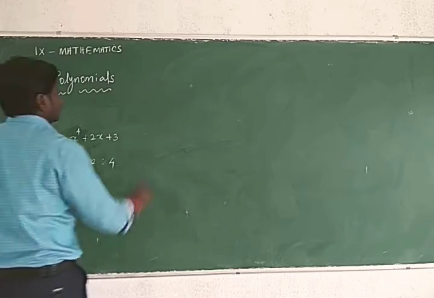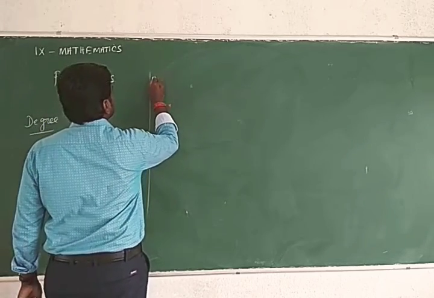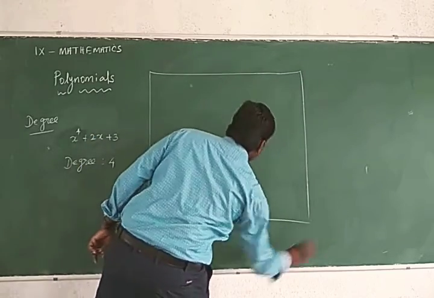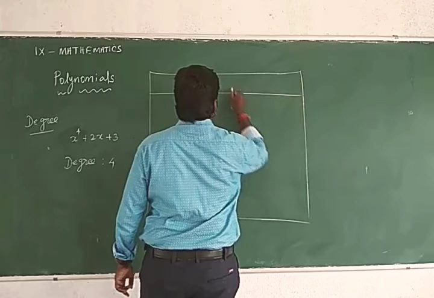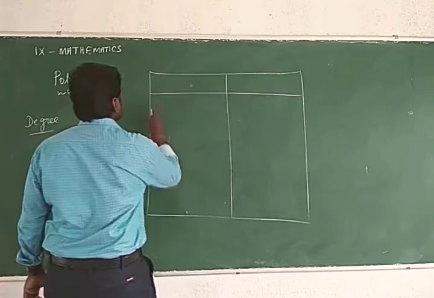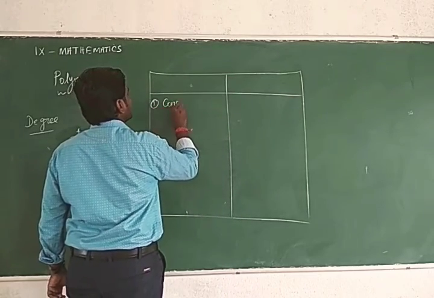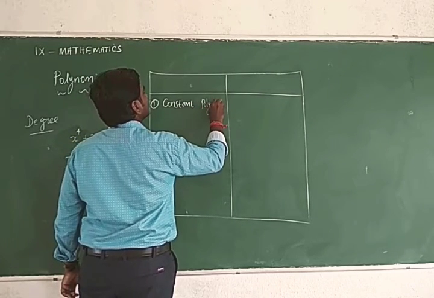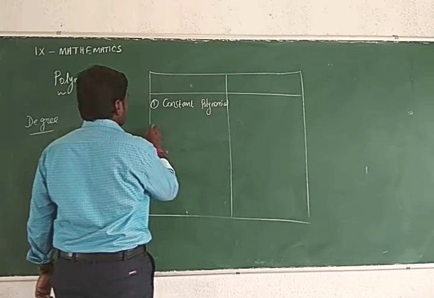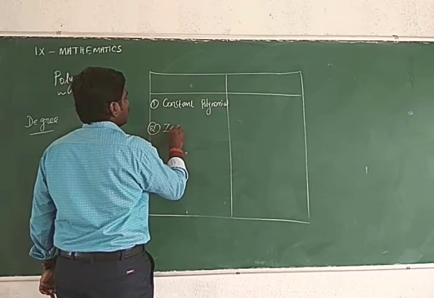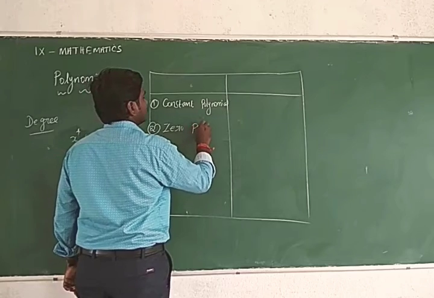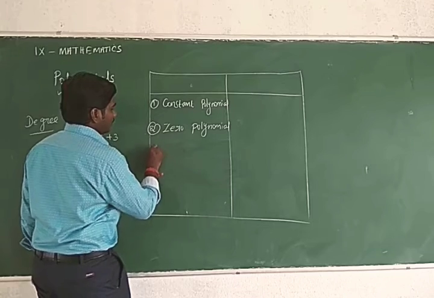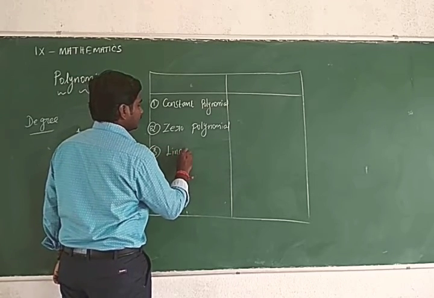First, constant polynomial. The next one, zero polynomial. Then third, linear polynomial.